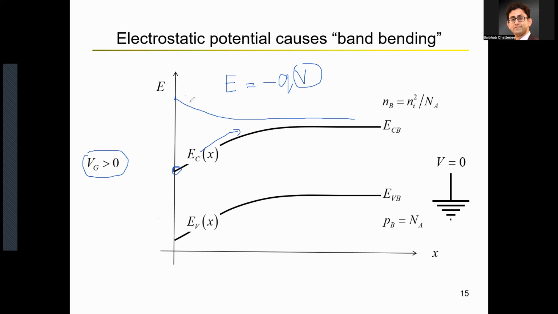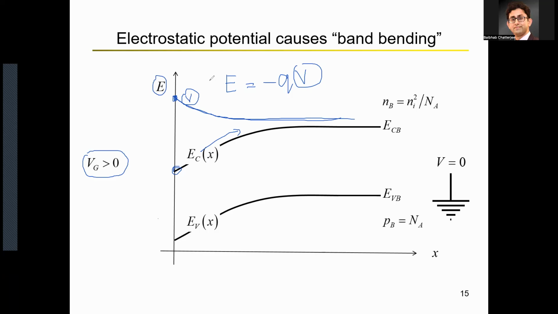So if I draw the voltage over here, now this was already your energy, but if I had drawn the voltage across that semiconductor structure, that voltage will be highest here and then drop towards the right-hand side, because E is just minus Q times V. If your energy is more, voltage is less. If your voltage is more, energy is less. If your voltage is less, energy is more.